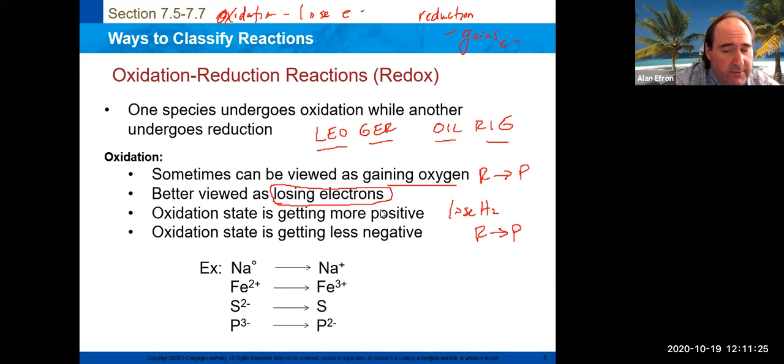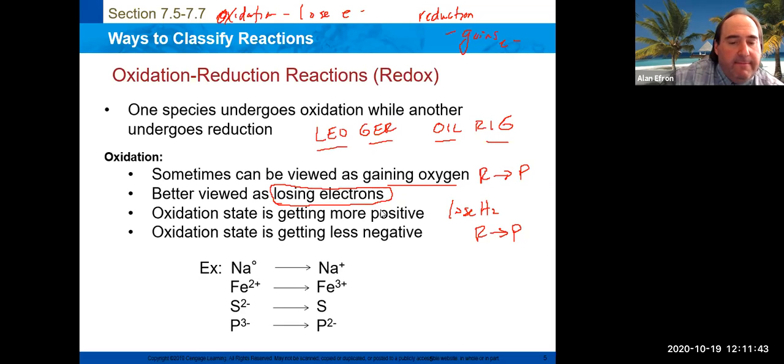Those are other definitions of oxidation that involve oxygen and hydrogen, which is sometimes used a lot in organic chemistry, especially when there's a lot of non-metals involved.